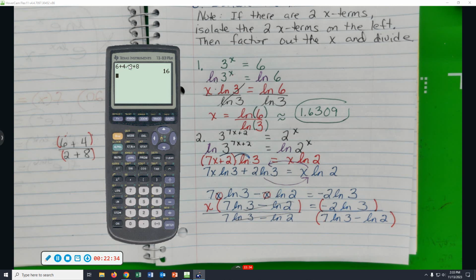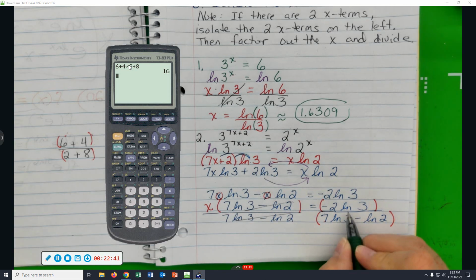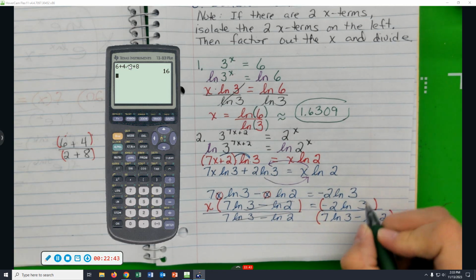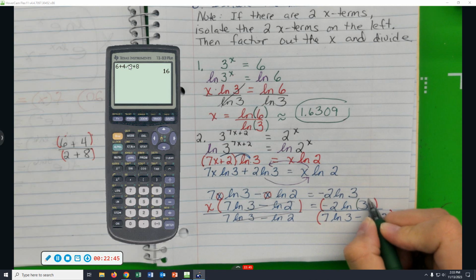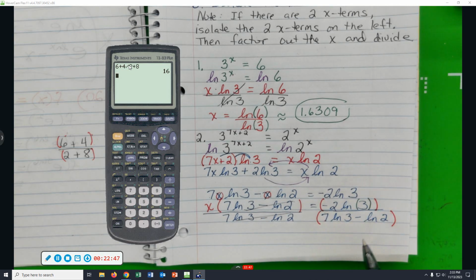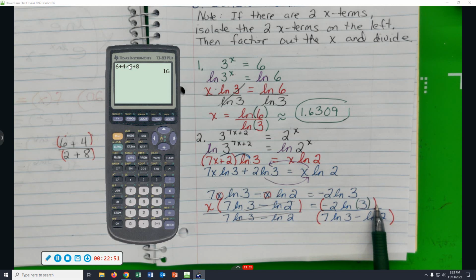Now, I want to go ahead and remember what my calculator does. Every time I hit ln, it opens parentheses, so I'm going to need to close them. So on my calculator, I have to put close, close, or it's going to give me the wrong answer.